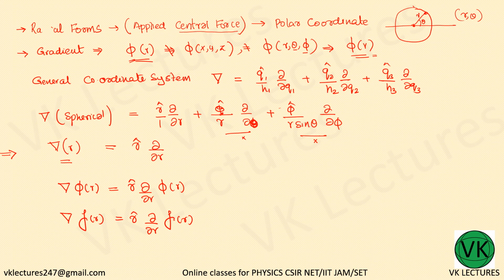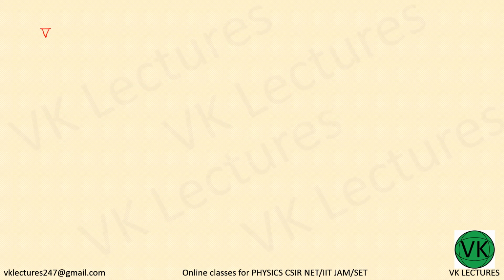Alright, now let us take a few functions usually found in numerical problems. The first one is del r power n, the gradient of r power n, where r is a field. That is r cap dou by dou r of r power n, which is n r power n minus 1.